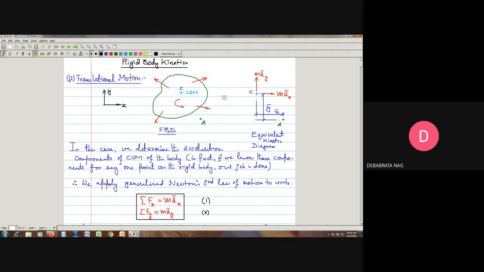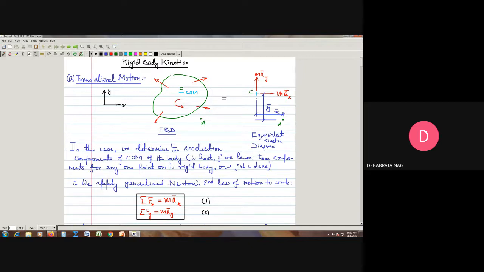And the third one is called the plane motion or general plane motion, GPM kinematics of the rigid body. So parallel to these three types of motion, we have the corresponding kinetics. So we begin with the translational kinetics and we consider the translational motion of a rigid body.